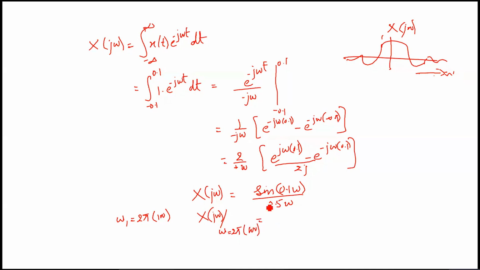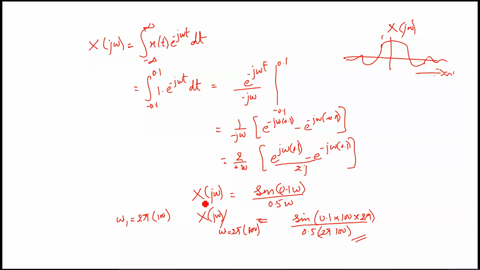We can just plug in the value, which will be sine of 0.1 into 100 into 2π, whole thing divided by 0.5 into 2π100. And whatever that value comes out to be, even if you have done this, this should be good enough. This is going to be your value at 2π100.